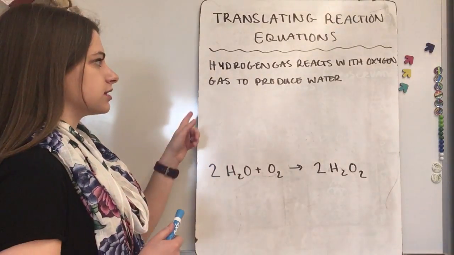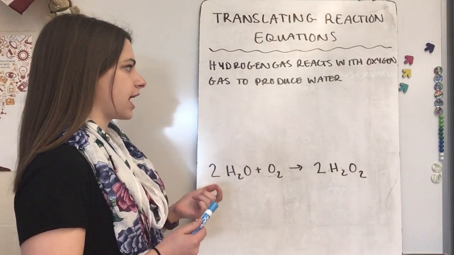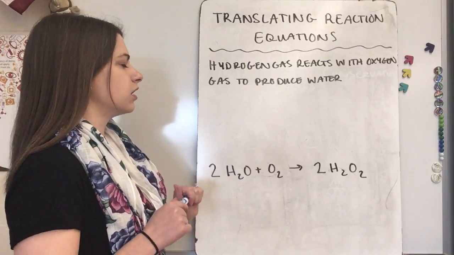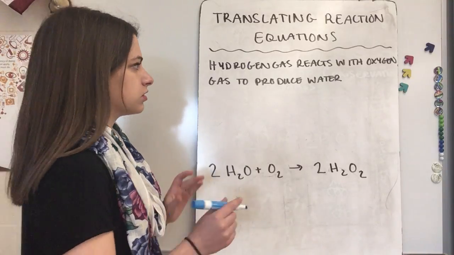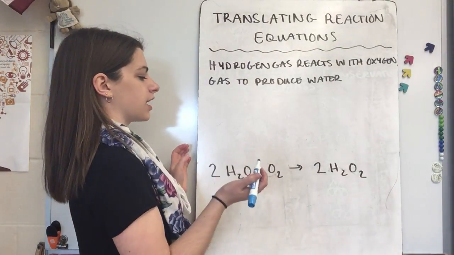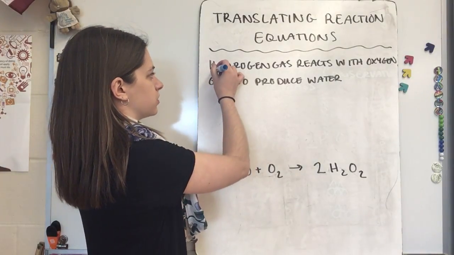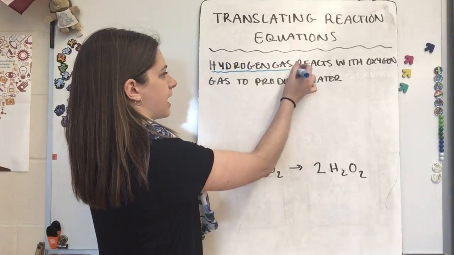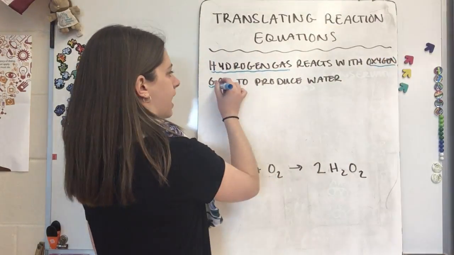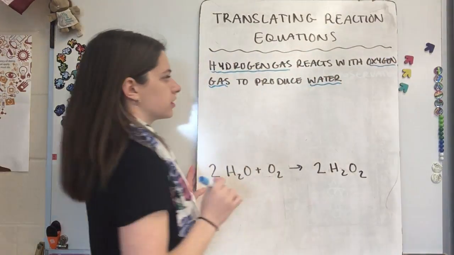Our first example is hydrogen gas reacts with oxygen gas to produce water. So I'm going to go through and just underline, note the different chemicals that I need to make sure I have symbols for. So I have hydrogen gas, I have oxygen gas, and I have water.